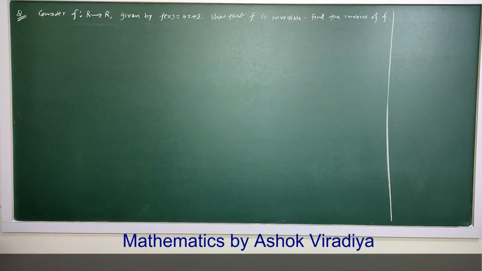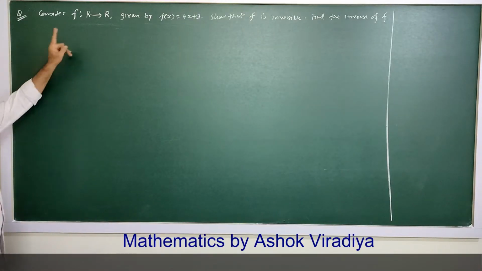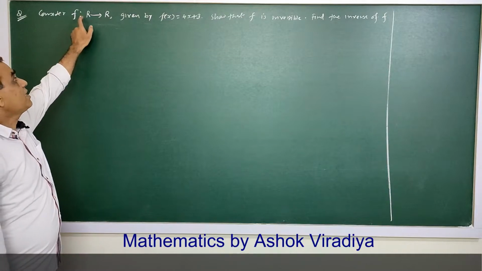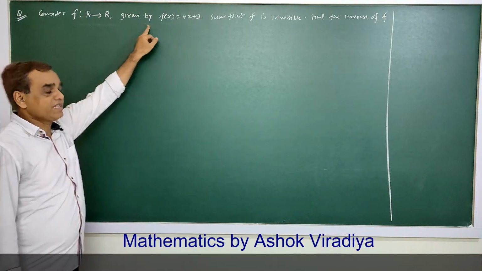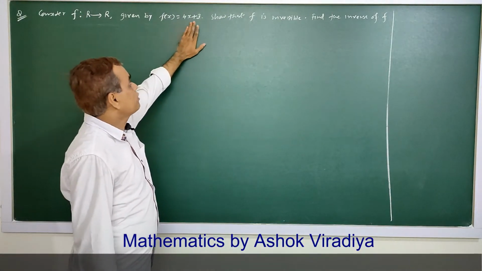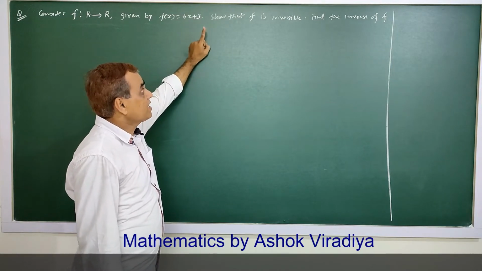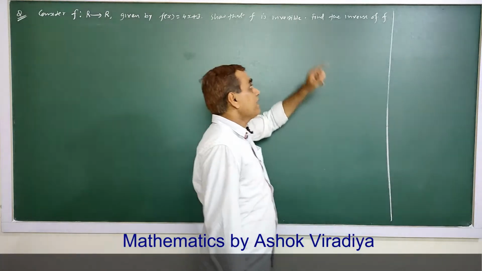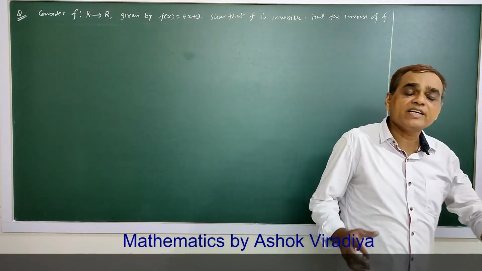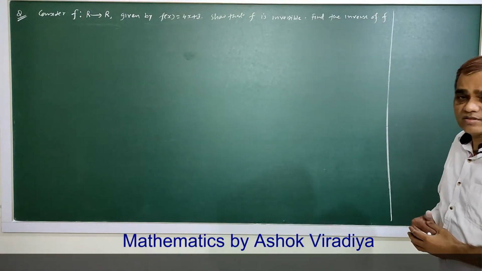Say the question is: consider the function from R to R given by f(x) equal to 4x plus 3. Show that the function is invertible. Find the inverse of f.